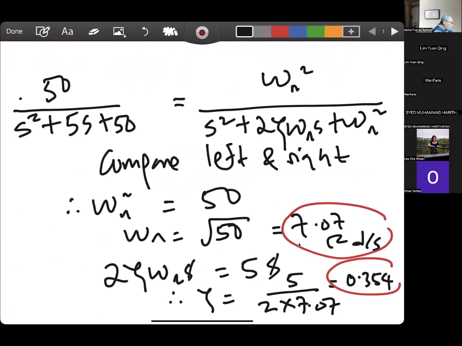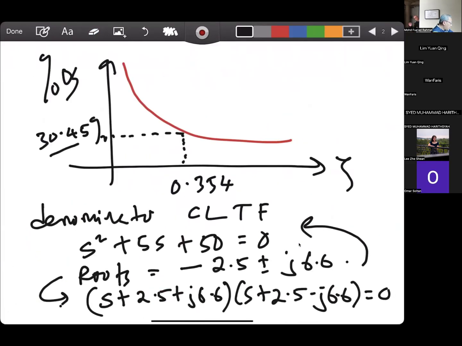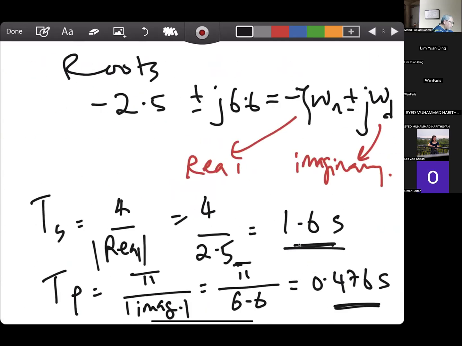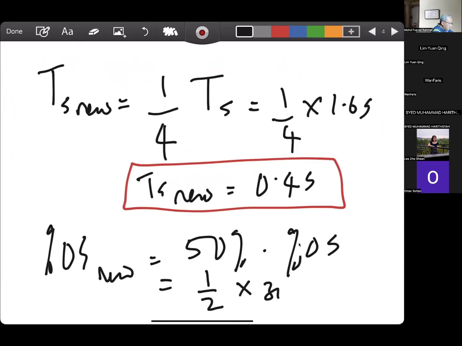The one that we get from the graph, 30.45 percent. So how much? Roughly 30.45 divided by 2, 15.22.